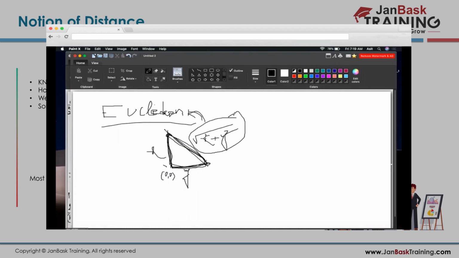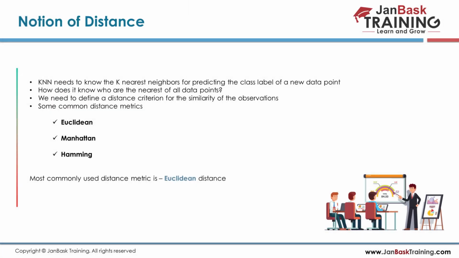No need to do anything, you only have to pass distance equal to Euclidean and the model will calculate. Why I was trying to explain what is happening behind the model is that you should know that once you pass Euclidean, it is calculating root over x square plus y square.